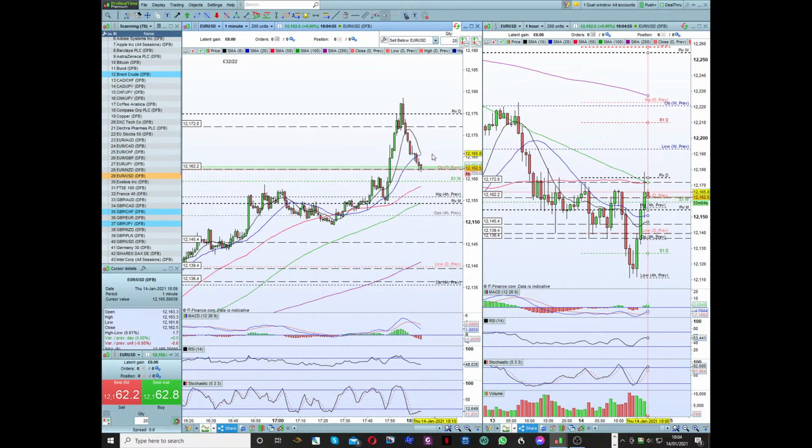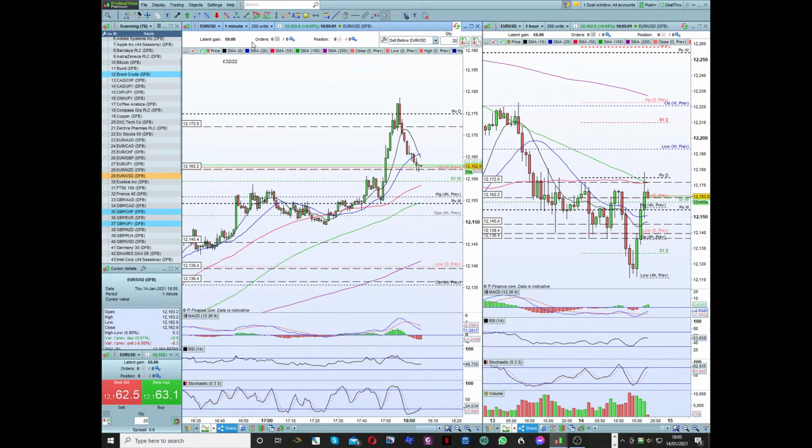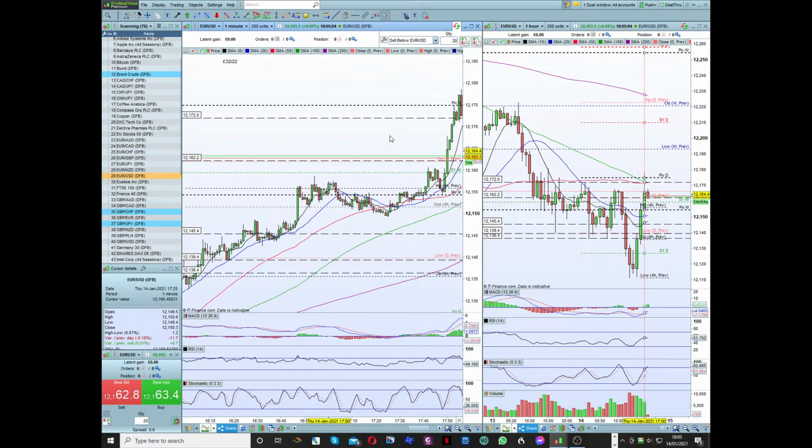So let's look at the minute chart. Say you're scalping on the minute chart here. What I'm going to be looking for here, I've got a few levels in from earlier 4-hour levels, actually.